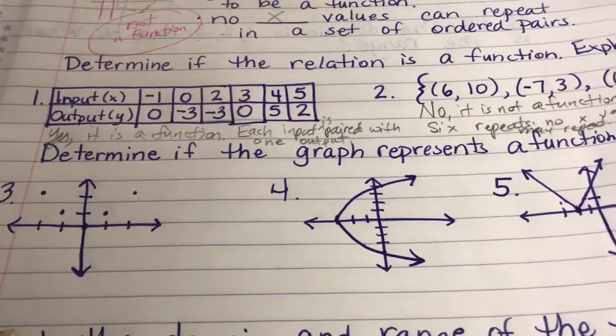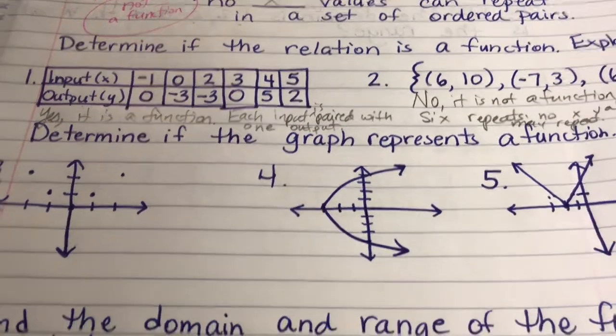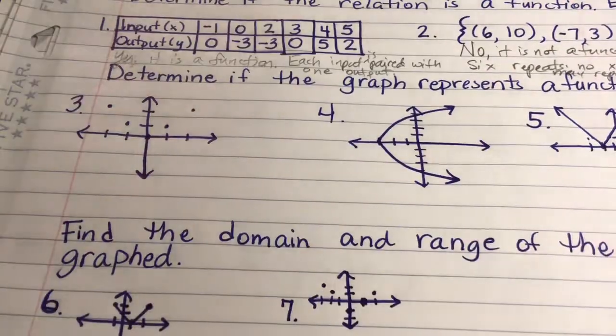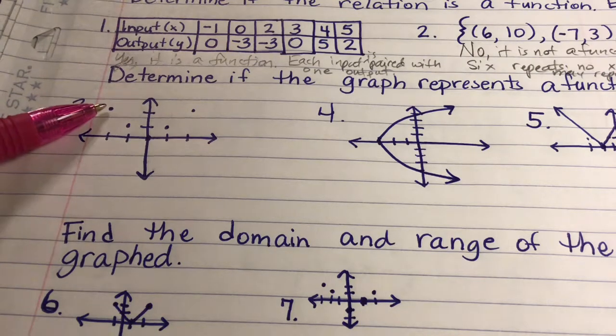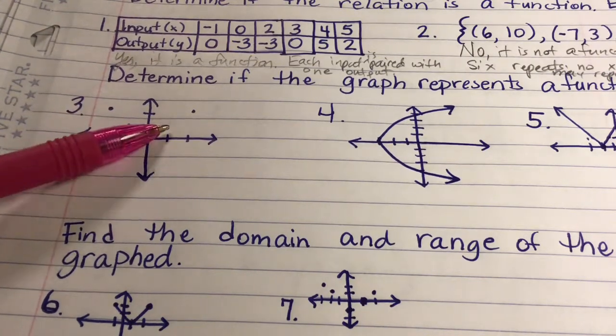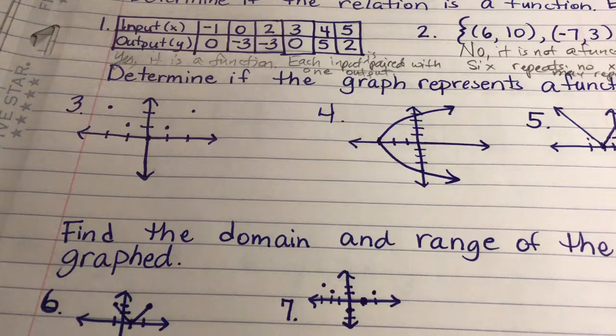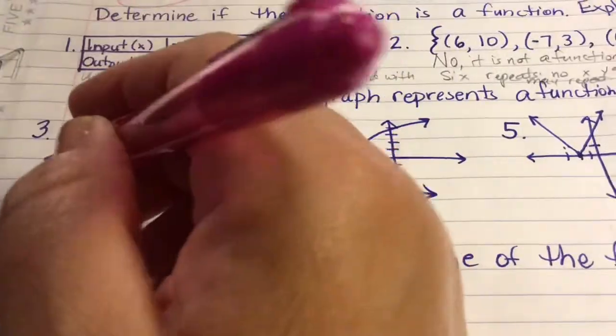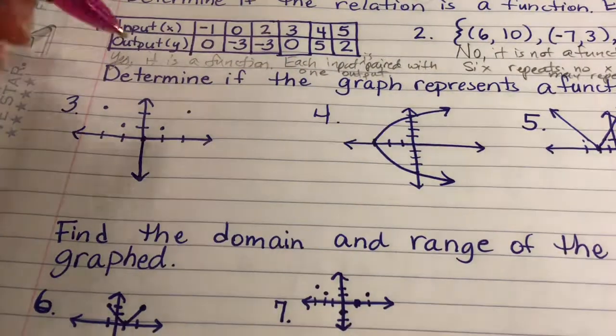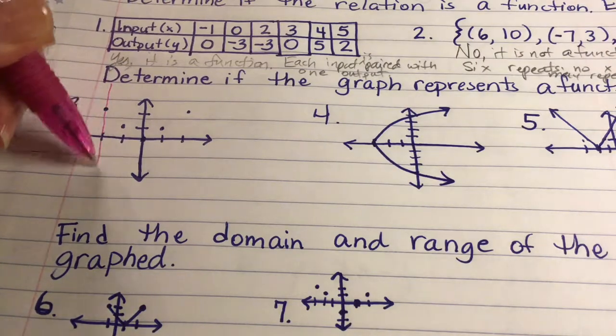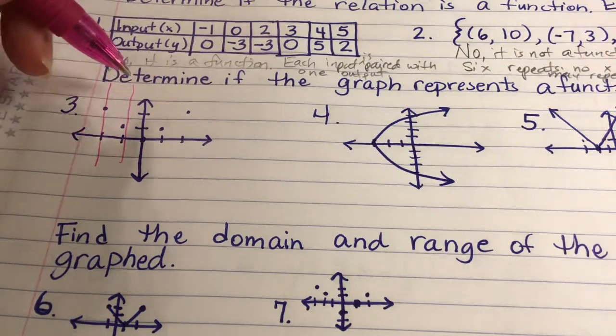So there's those particular problems and why those are functions. Number 3, 4, and 5. So these are graphs. And what did we say just a minute ago? How can you determine if a graph is a function? Well, it has to pass the vertical line test. If you look, I have 1, 2, 3, 4, 5 coordinates in my graph. Would this pass or fail the vertical line test? Well, let me draw some vertical lines. Forgive me if they're not straight, because I am drawing with my left hand.